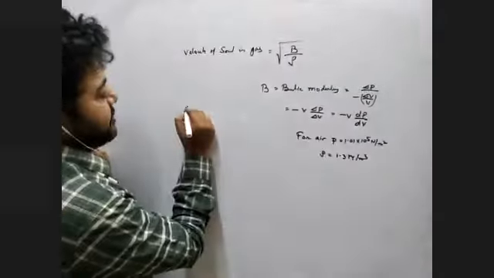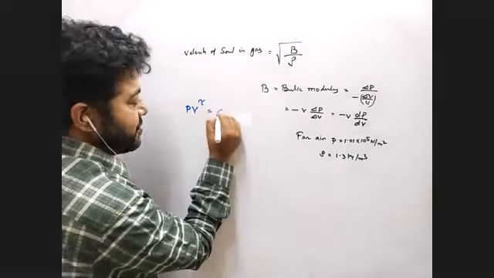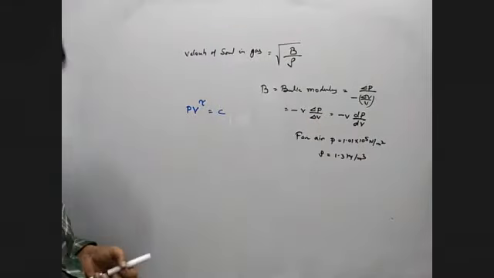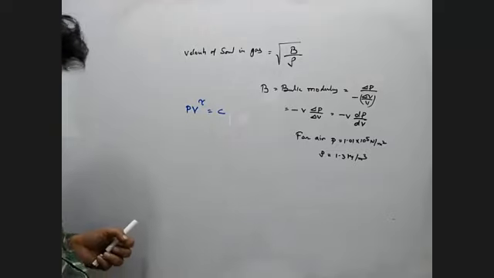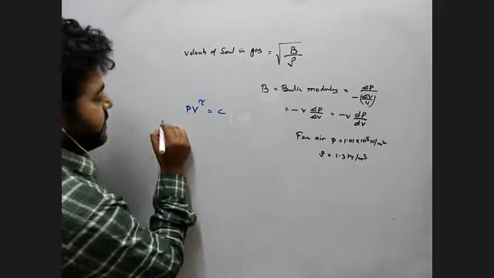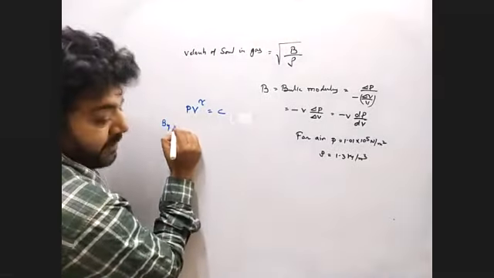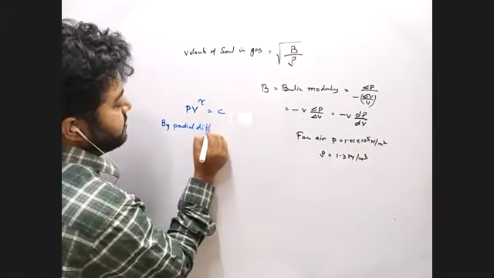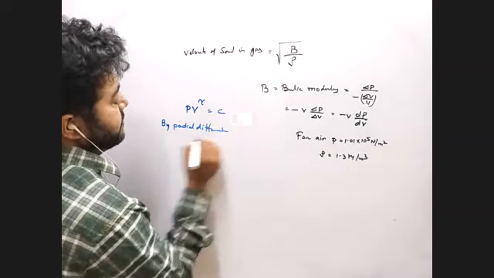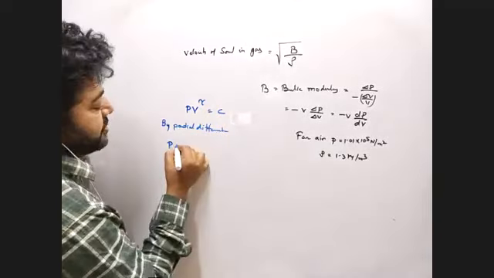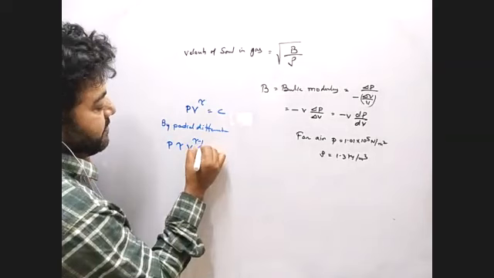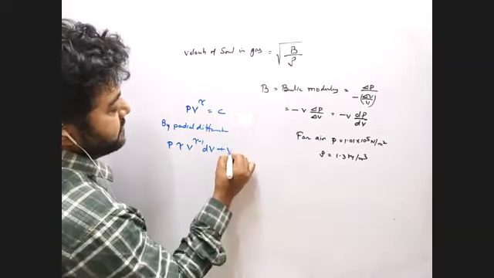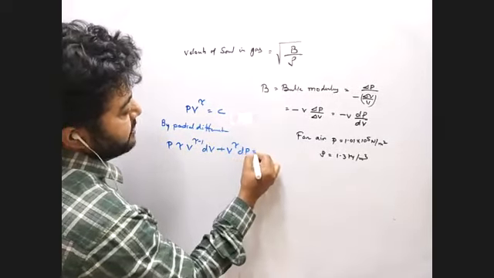In an adiabatic process, we know PV to the power gamma is constant. By partial differentiation, keeping P constant, differentiate V: gamma P V to the power gamma minus 1 dV plus V to the power gamma dP equals 0.